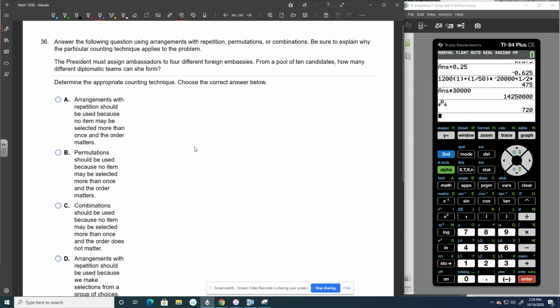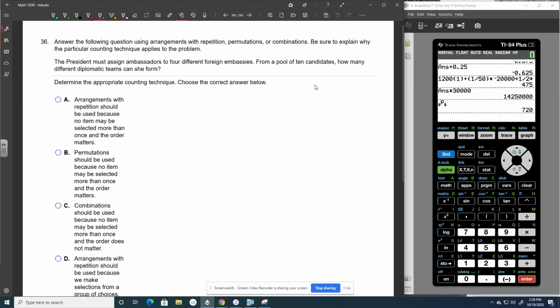36, answer the following. The president must assign ambassadors to 4 different foreign embassies. From a pool of 10 candidates, how many different diplomatic teams can she form? Okay, so order matters, right?